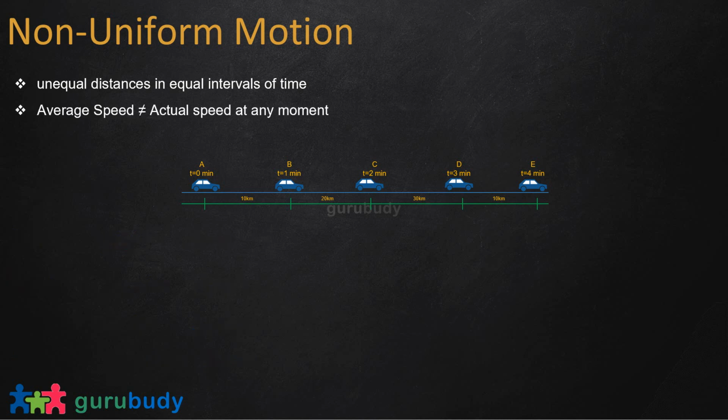So in non-uniform motion, the average speed of the journey of the object is not equal to the speed. Okay, in the uniform motion we saw average speed was equal to actual speed, but in non-uniform motion that is not true.